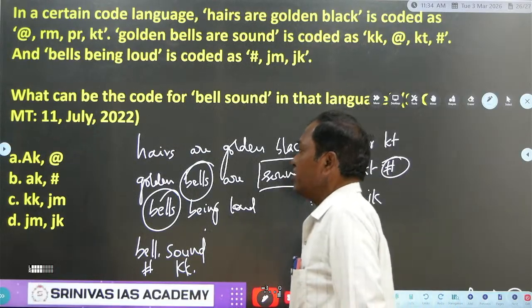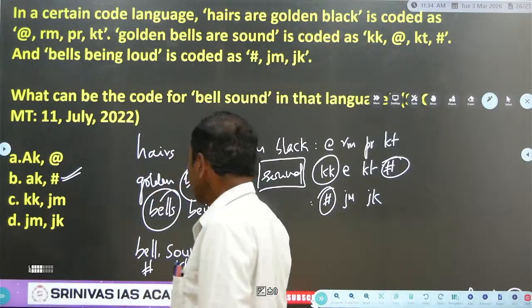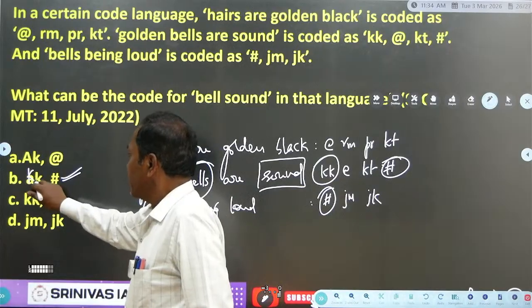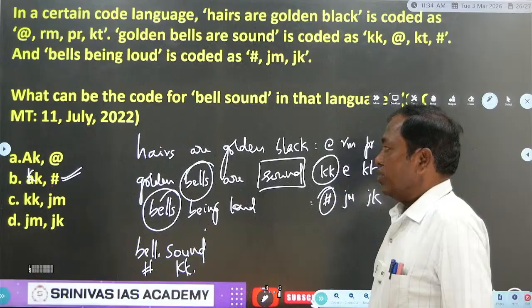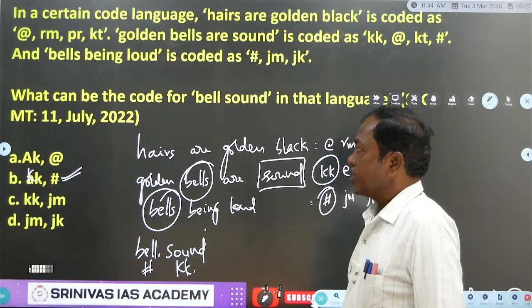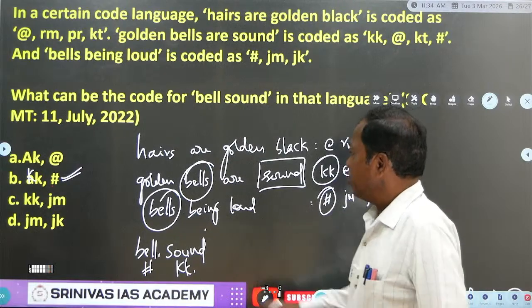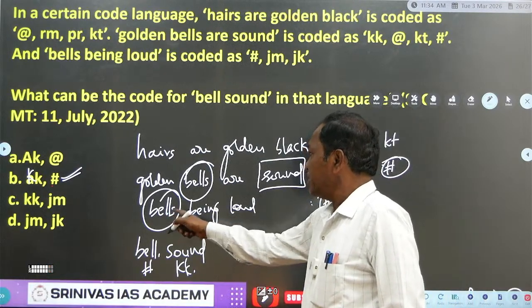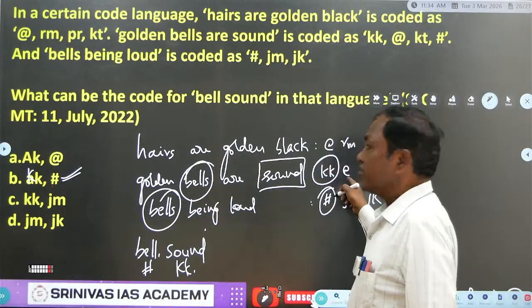But you can take B. This is supposed to be KK. Even though I corrected it, I have not checked that. Yes, this is the thing. See, the bell is here. What is the commonality? Bell is the second word, and the second is AT.